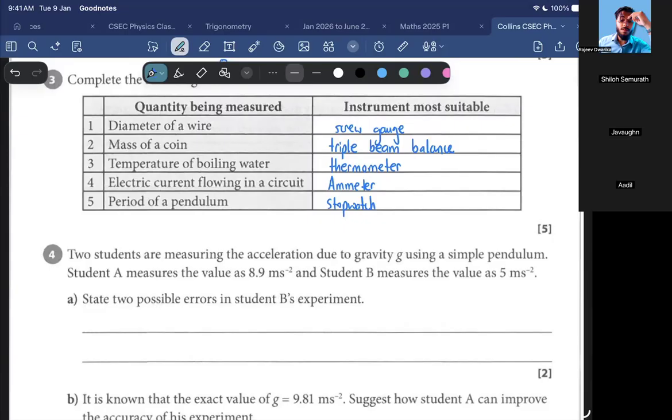Alright, Javon, tell me if you're hearing me. Adil and Javon, who's more inaccurate? What is gravity supposed to be? Adil, what's gravity supposed to be? Javon, what is gravity supposed to be?